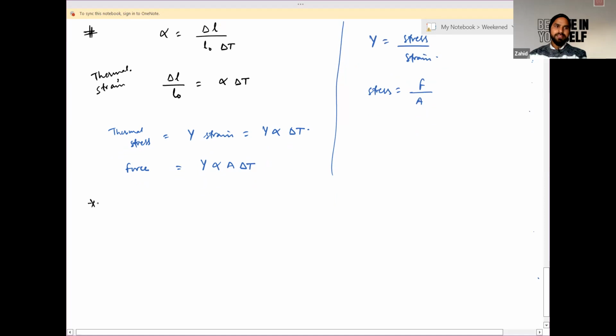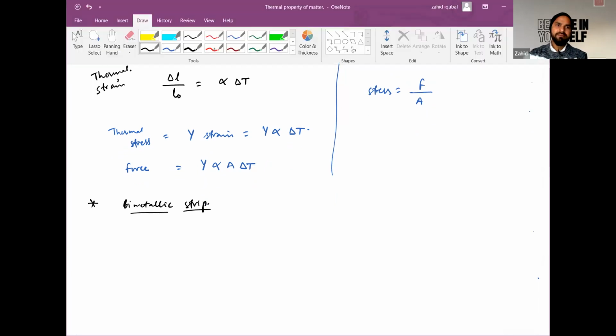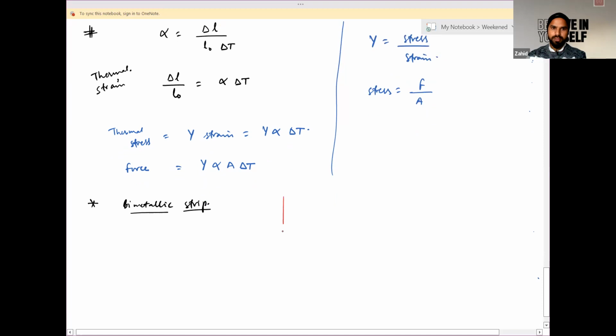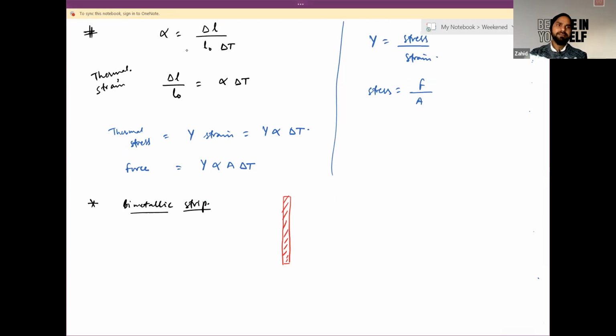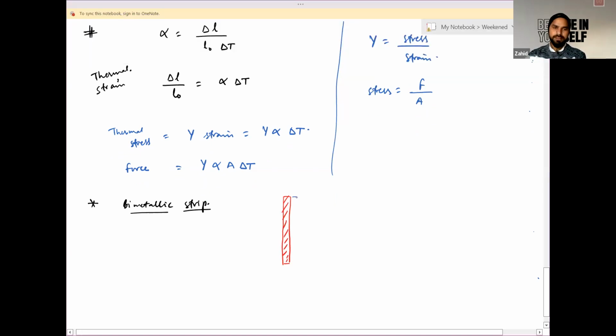The next topic related to this is the bimetallic strip. Suppose you have two different rods attached to one another, both identical in dimensions and joined together.